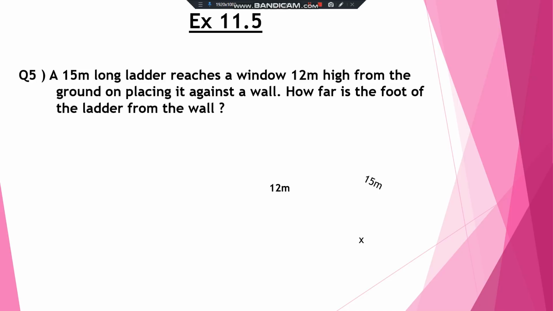How far is the foot of the ladder from the wall? So if you read the question, nowhere it is written that it is a question based on Pythagoras property. But now since you are having questions based on application skill, this is one example of application skill based question.